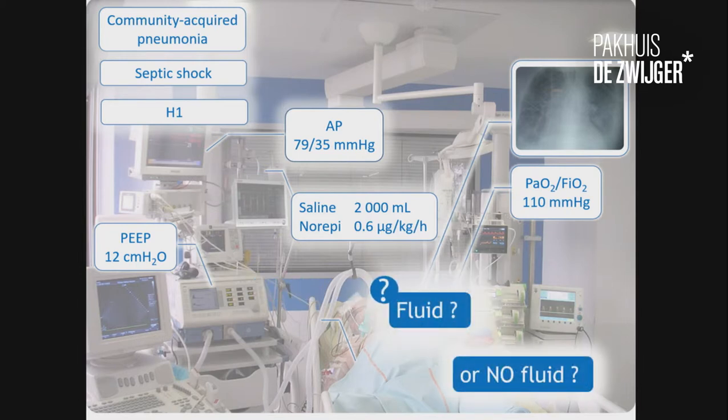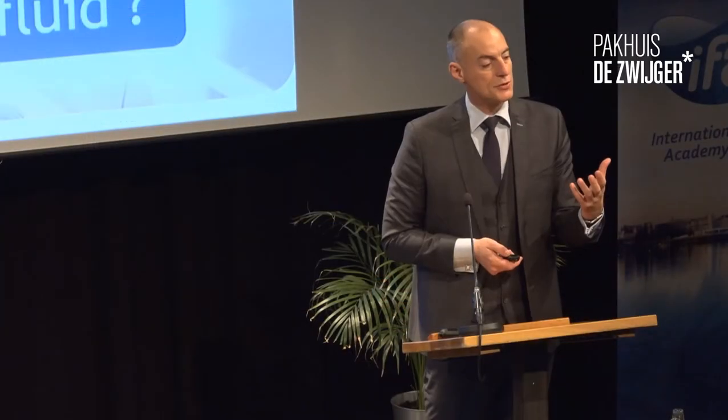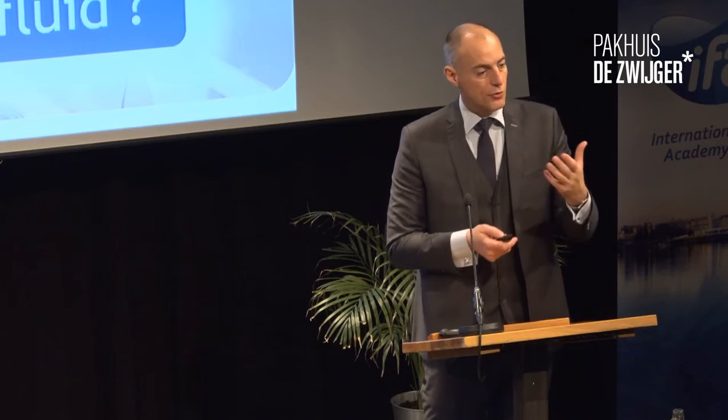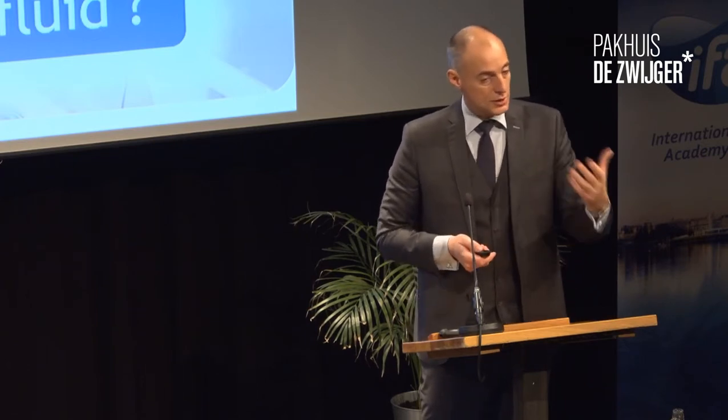I won't enter into details in this session because it will be the purpose of my next lecture. But just to tell you that, in fact, all the tests we have to assess preload responsiveness are made for assessing the Frank Starling curve at the bedside. In fact, this is what we do with all these tests.